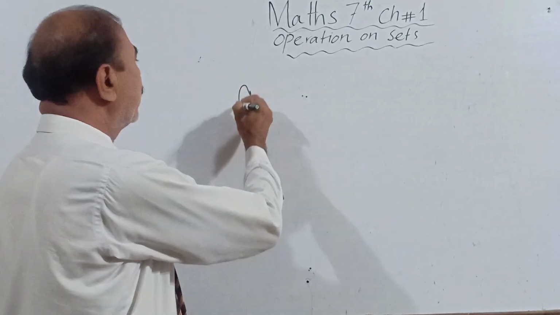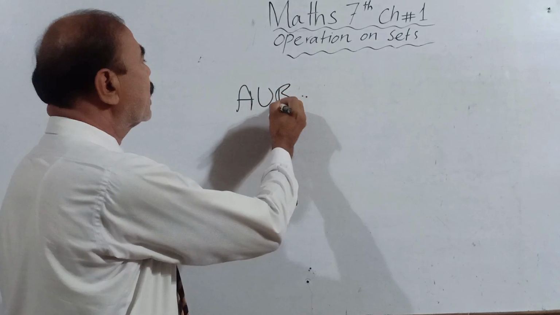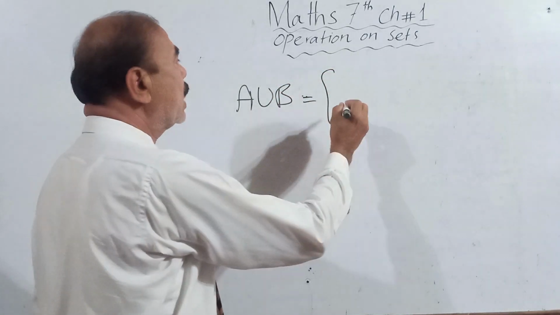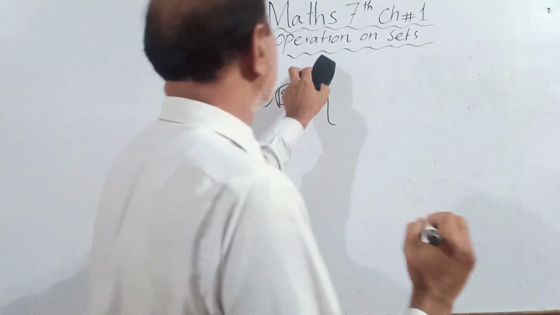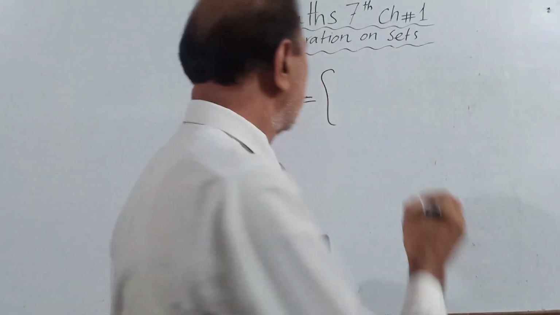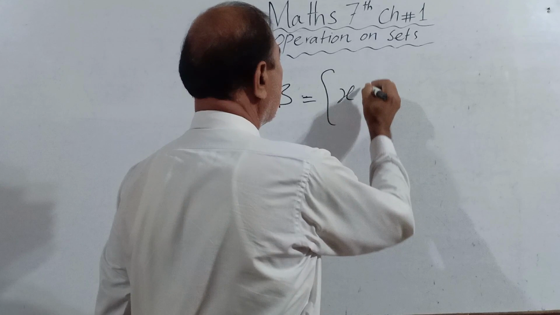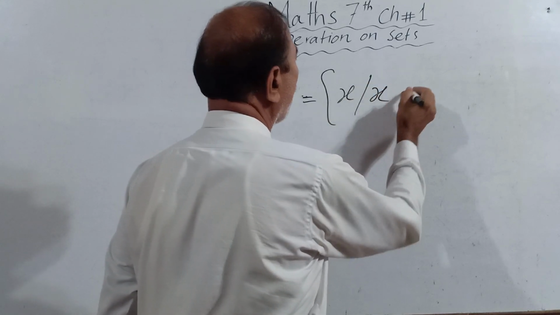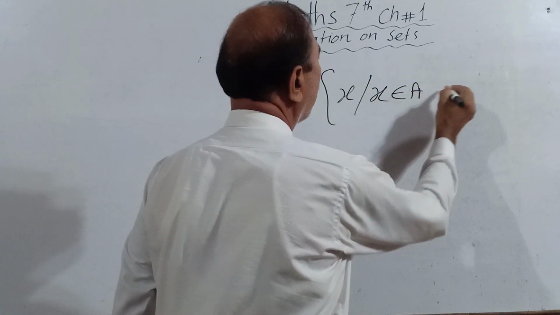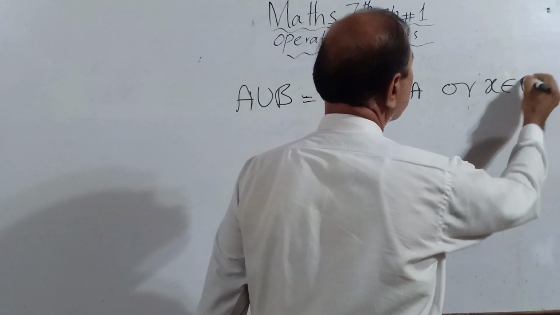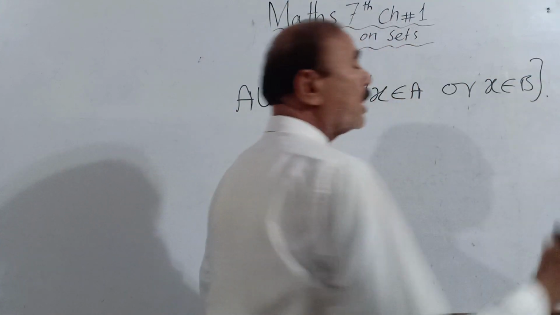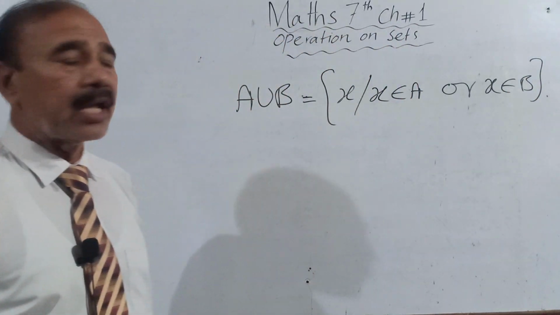You can write set A union set B is equal to the set of X such that X belongs to A or X belongs to B. This is called the union of two sets.